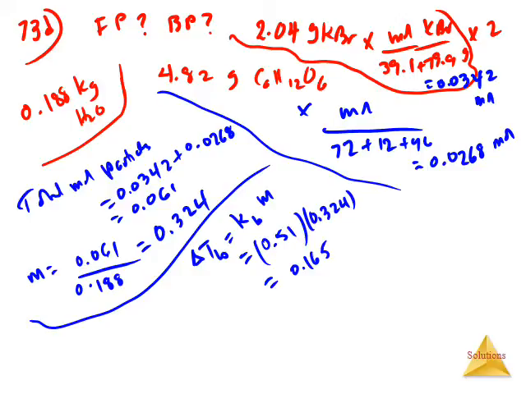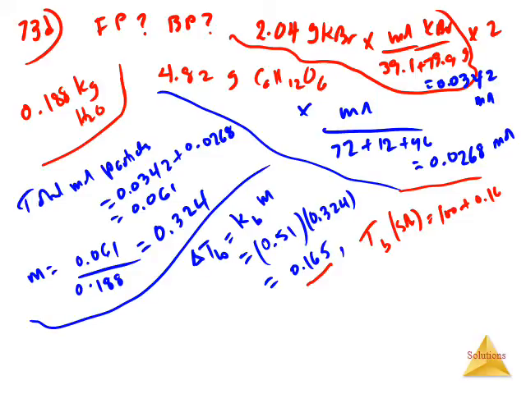And we know the normal boiling point. So boiling point of the solution, let's write down with a different color. Boiling point for solution after you mixed all these substances would be normal boiling point of water, which is 100 degrees, plus the increase of boiling point by this quantity, 0.165.